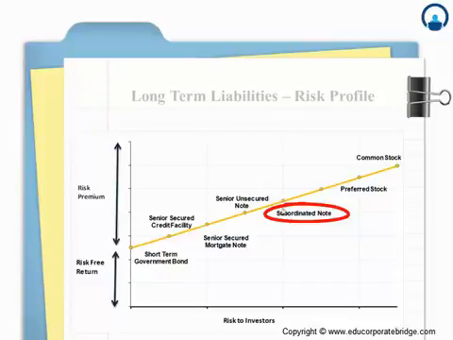So after the subordinate note, then comes the equity class, which are divided into two types: the preferred stocks and the common stocks. So preferred stocks have the preference over the common stock in terms of dividends and in case of liquidation. So they come ahead of the common stock, and the common stock shareholders are the last ones, and they are the riskiest class.